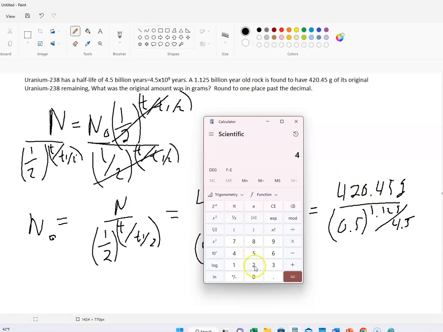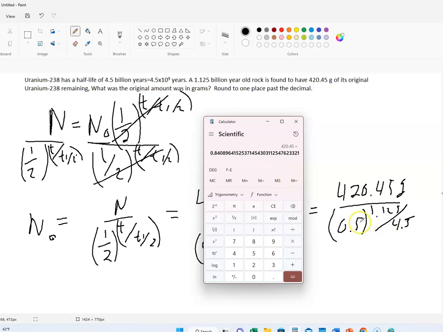So we're going to take 420.45 divided by... does this thing remember the last thing that we just did? Oh, I should have saved it. All right, what I just did is I stored this 0.5 raised to the 0.25, so it's now in storage. So it's 420.45 divided by, and you just hit this recall button.